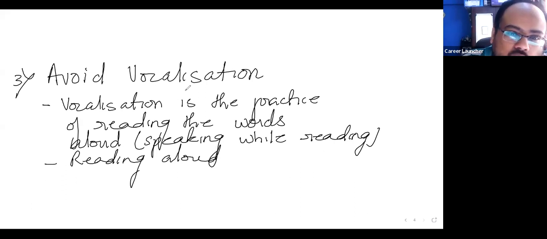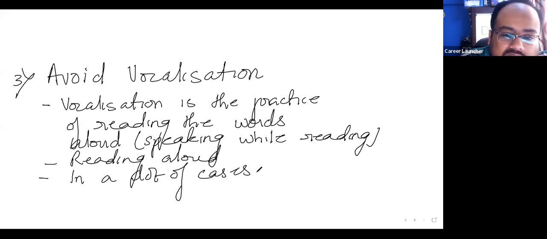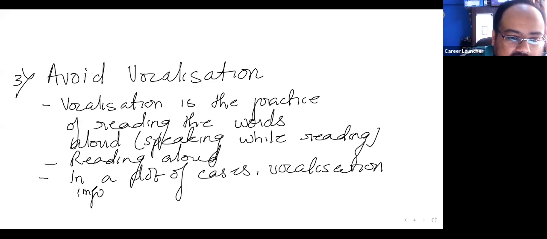A lot of us vocalize when we read. Why people vocalize when they read is because in a lot of cases, vocalization improves comprehension.